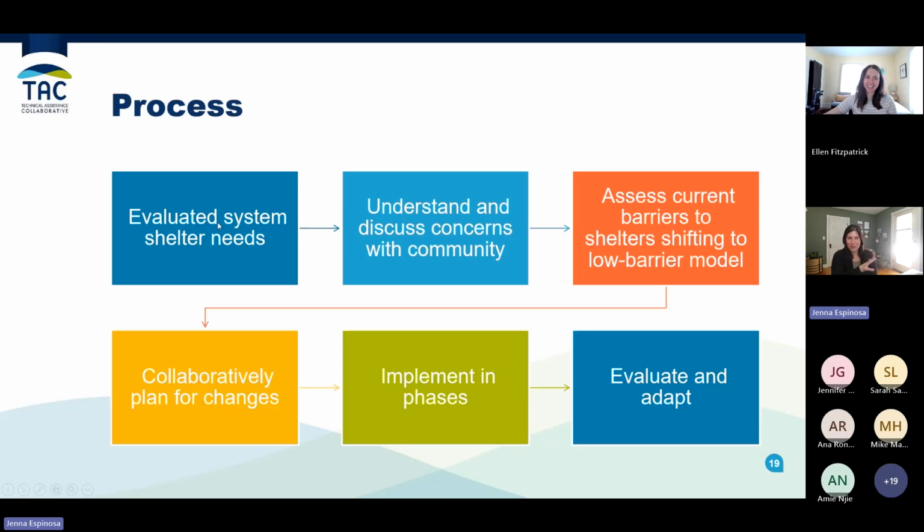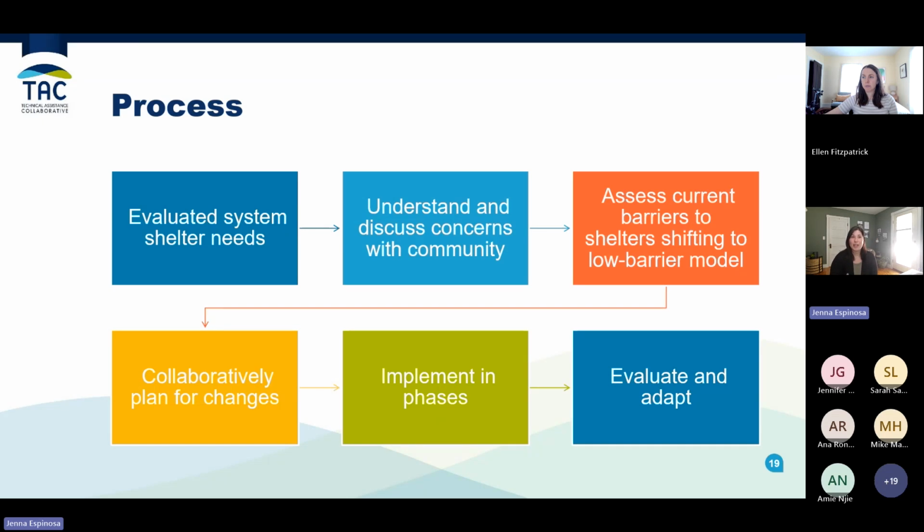So high level, this is the overview, talking through understanding and discussing concerns within a community. That involves a lot of different people who have different perspectives of the shelter system. So really digging into what concerns people have about doing a low barrier shelter, and taking those into account from the beginning.